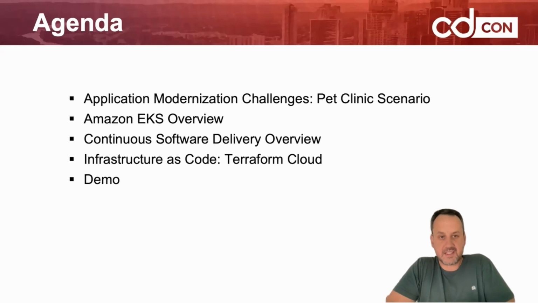After we set the stage, we're going to do a quick overview of Amazon EKS, then an overview of continuous software delivery that helps with this modernization effort. Finally, we're going to walk through infrastructure as code and how this is a fully managed SaaS offering with the Terraform Cloud product. Then Irshad's going to walk you through an awesome demo showing you from end to end how we modernize our web application.